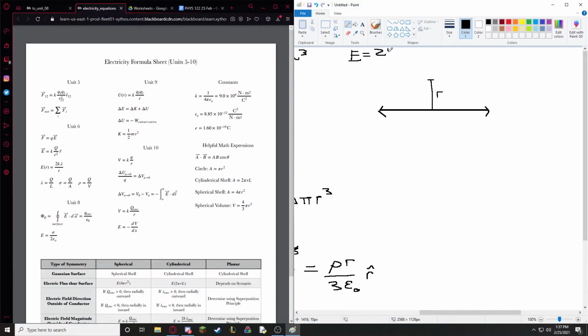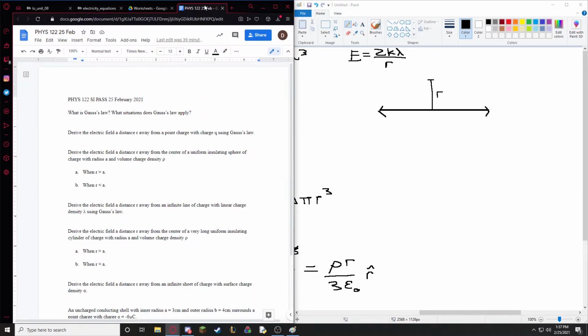Exactly, 2k lambda over r. But we want to actually derive it using Gauss's law. So let's take like 4 minutes and then we'll go over it. Use Gauss's law to derive our 2k lambda over r.